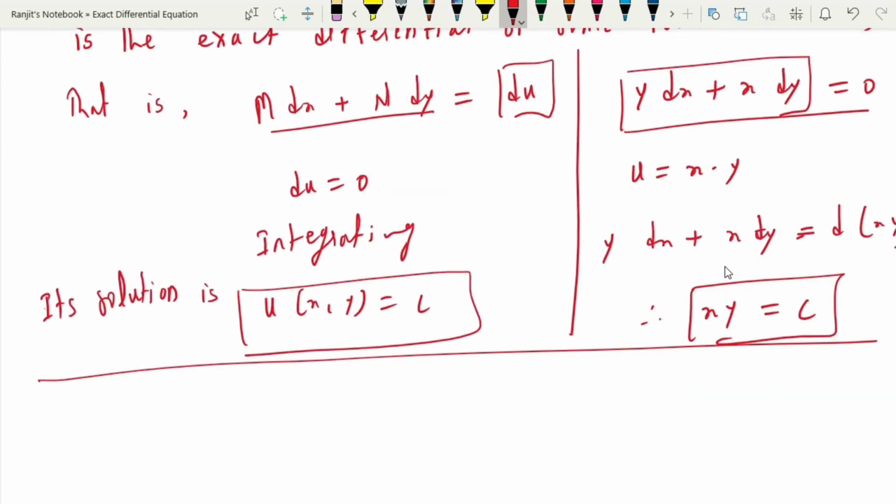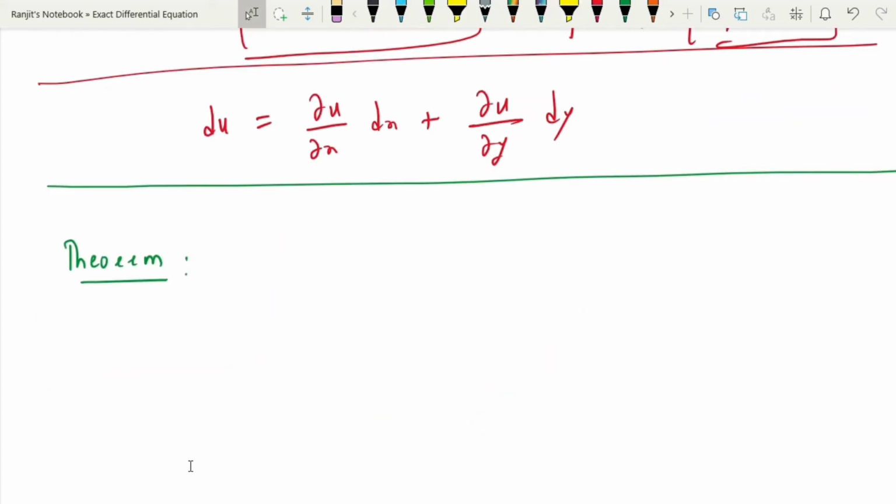Now by definition of total differential, du is equal to del u by del x dx plus del u by del y dy. Now, the necessary and sufficient condition for the exact differential equation.